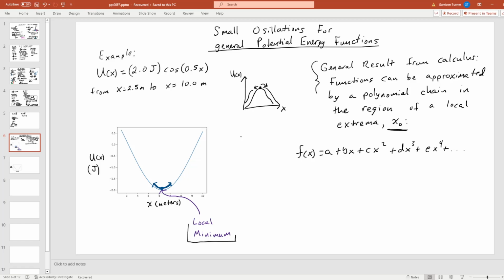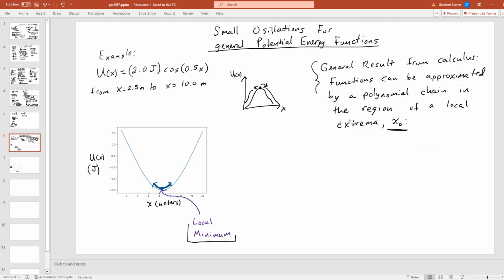So here is the result from calculus. Now, I'm not going to derive or justify this. We're going to state it, and then you will go through this in your calc class, Calc 2 specifically, in much more detail than we're going to cover here. We're just going to give you the ability to use this result.